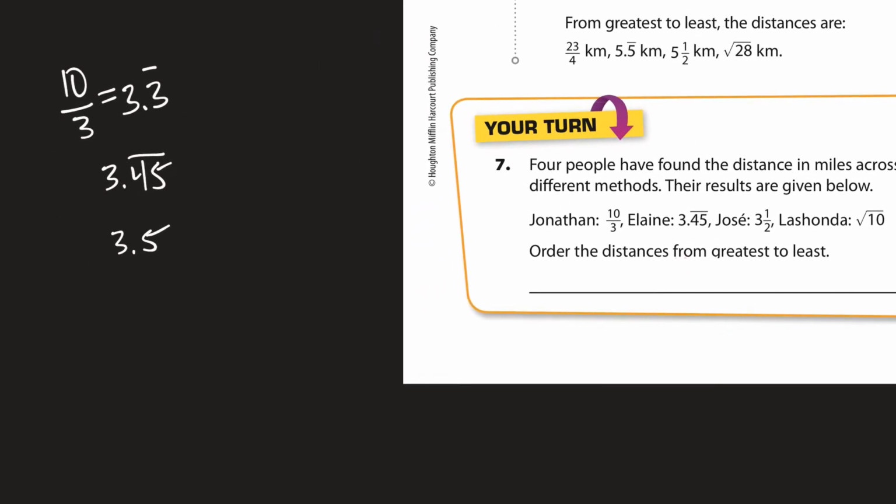Now that's the one that's going to be a little weird. The square root of 10 is in between 3 and 4. Is it halfway? No, it's going to be close.